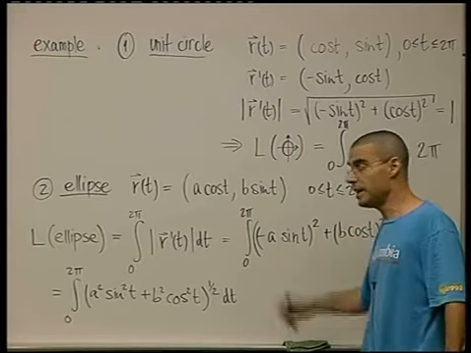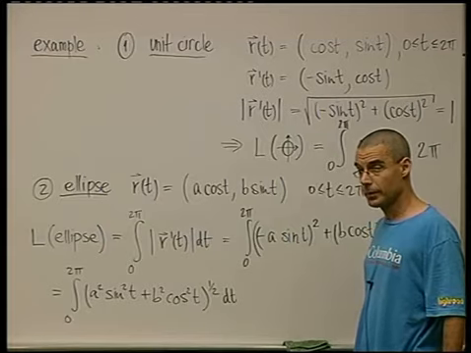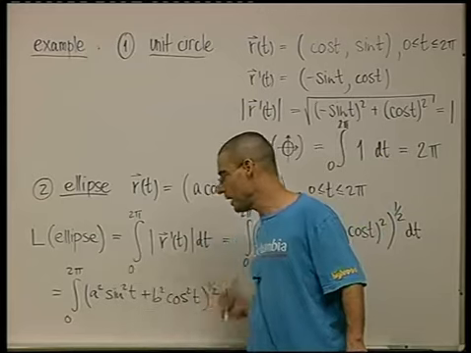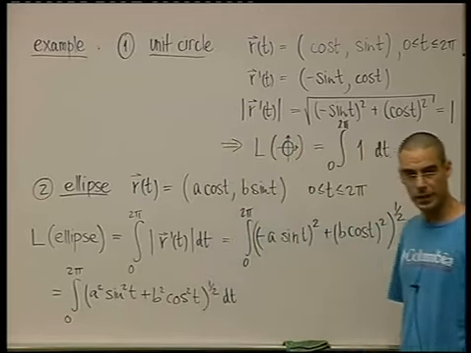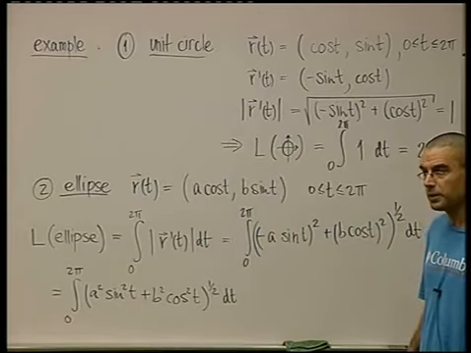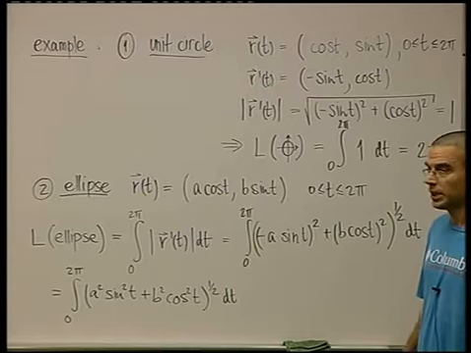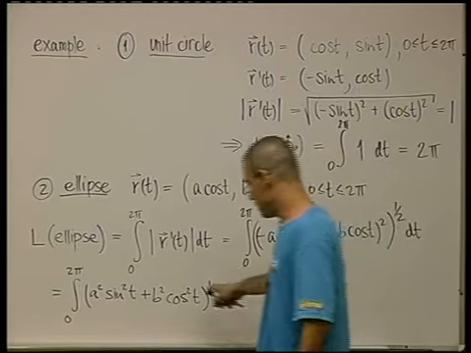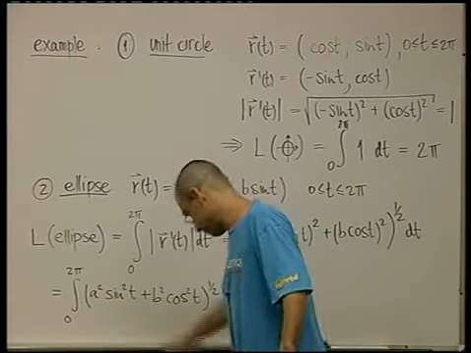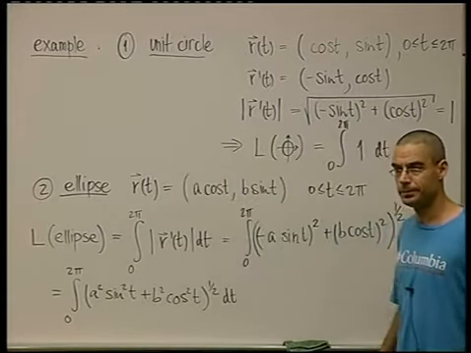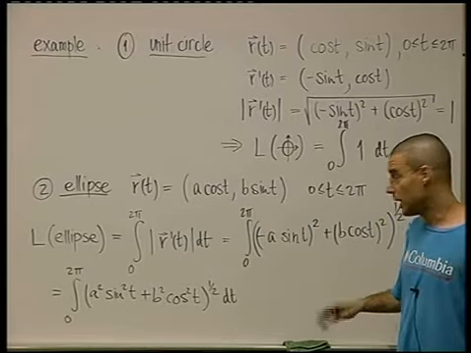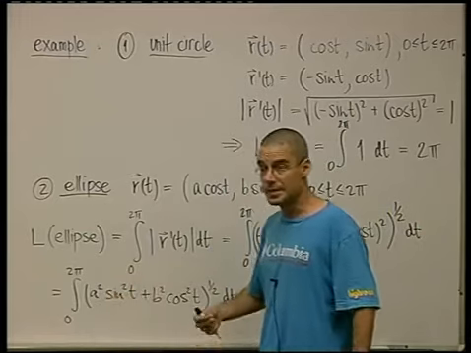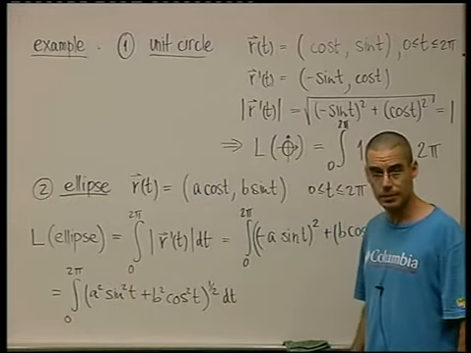So we need to find the antiderivative of this expression, plug it in at 2 pi, minus at 0, and that's going to be it. Sounds simple. Not simple. Very not simple. In fact, it's not doable in closed form. So this is one of those functions that does not have an elementary antiderivative.